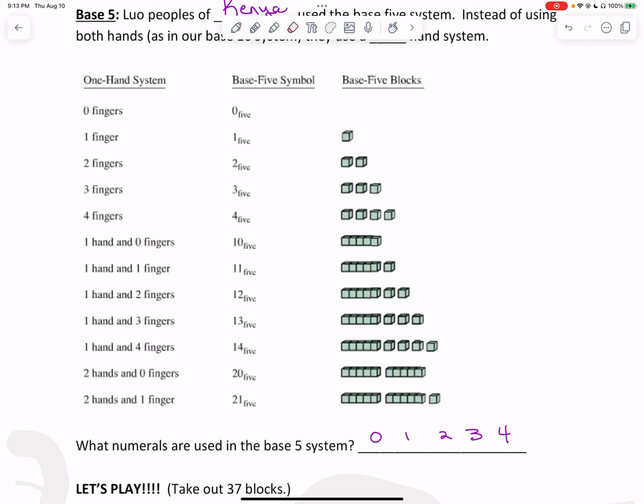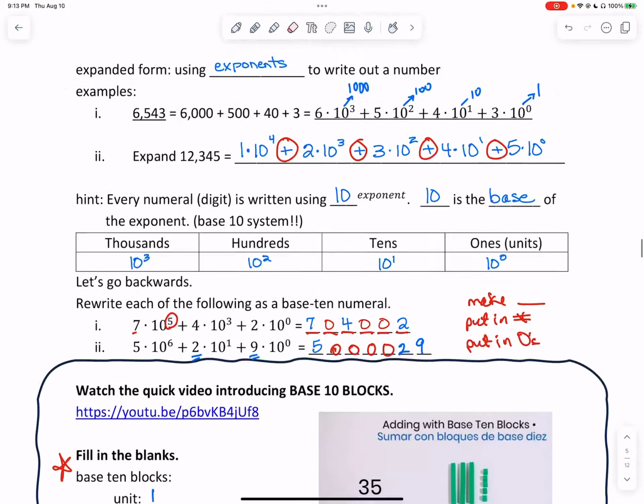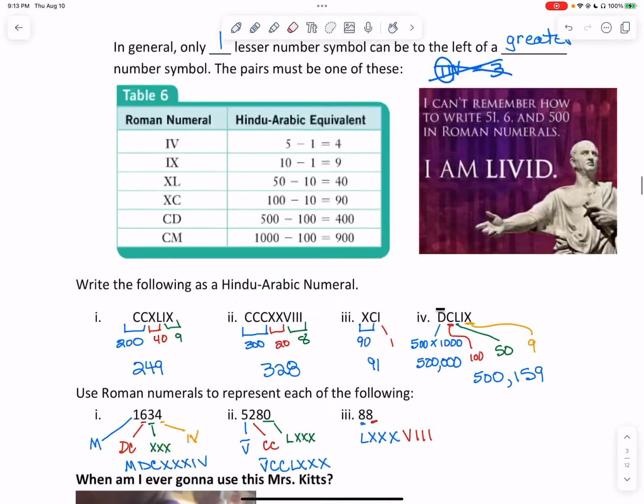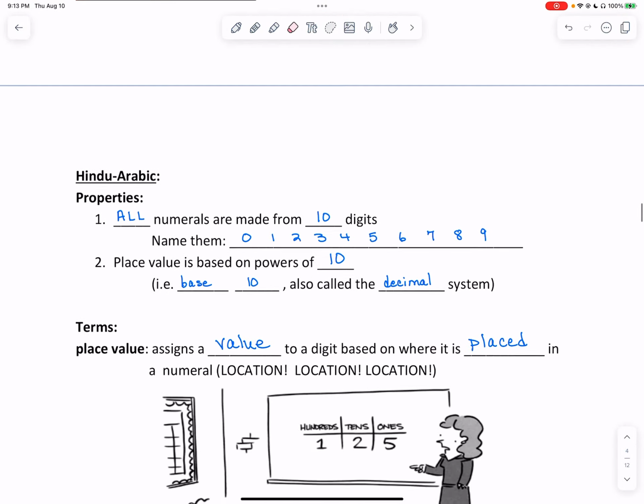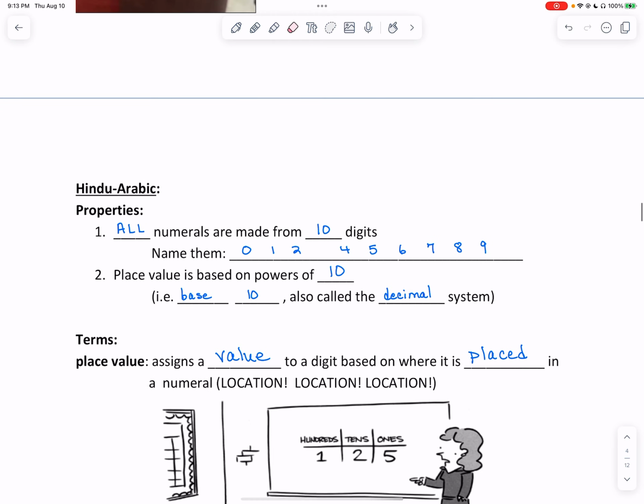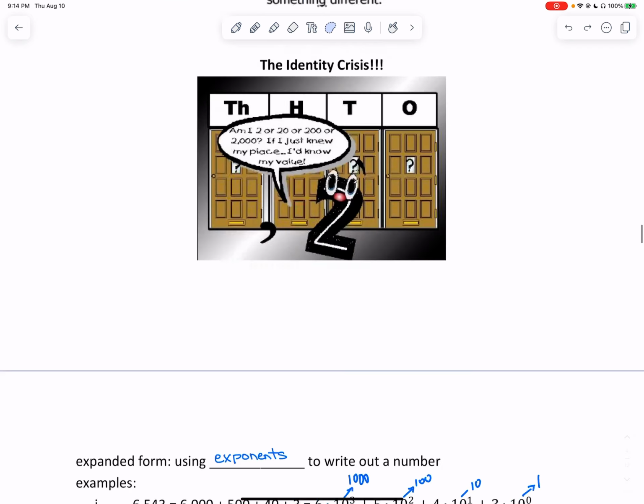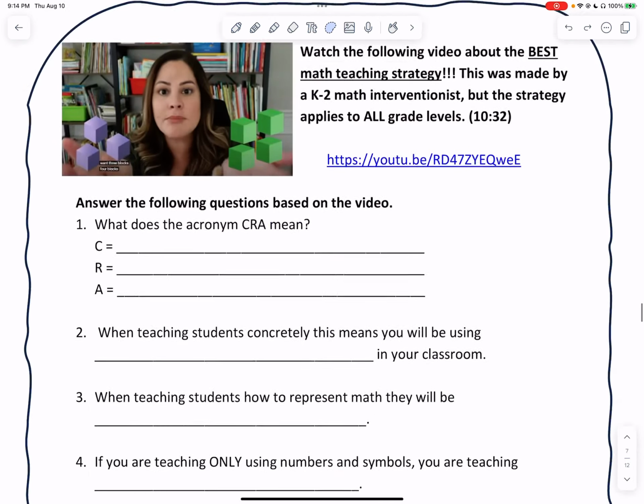Notice there is not a 5 in base 5. If you look back at our base 10, look at what we have: 0 through 9. We don't have a 10 in base 10. So you're not going to have a 5 in base 5.